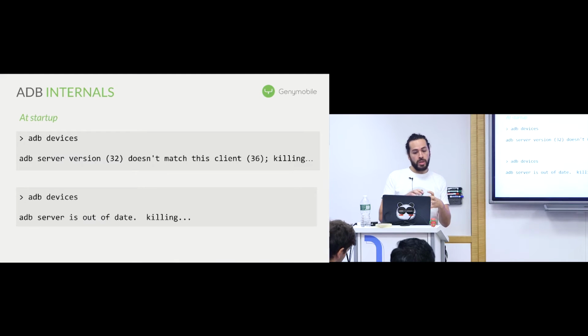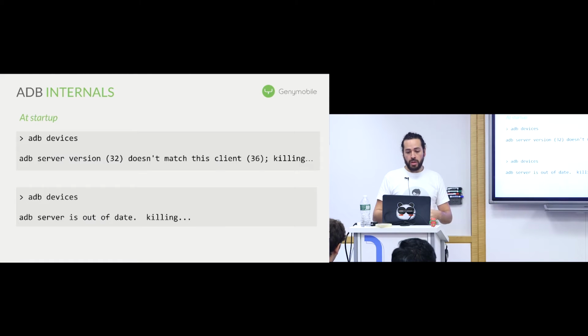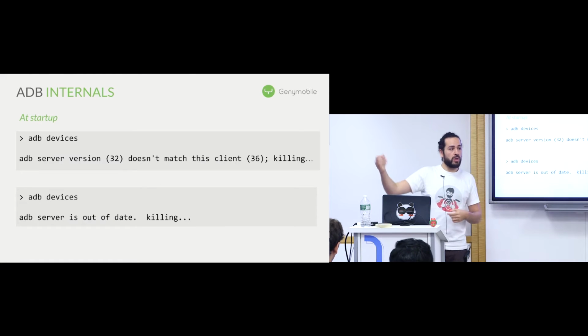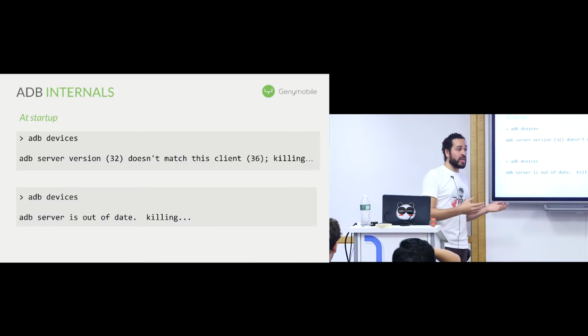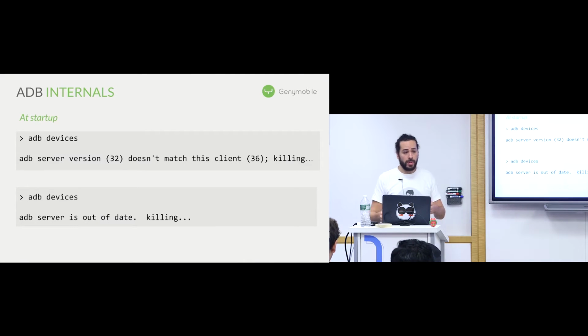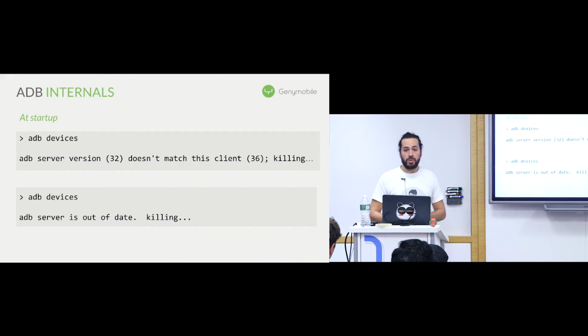But we are sometimes, and it's a shame, late with the current release of ADB. So you will have this problem all the time. What you need to do is just kill the server and restart it. It's really easy. But now you understand what's the process behind and why you have this error message. It won't solve your problem, but now you know.